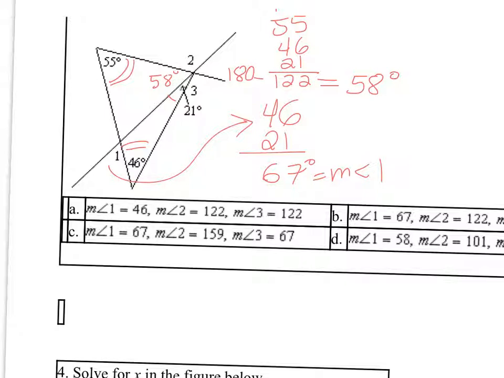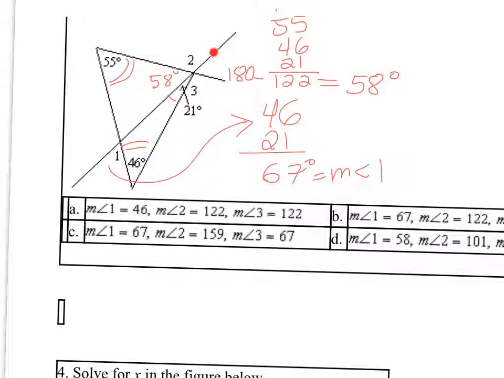Okay, so how is that going to help to find angle 2 or angle 3? By 58 minus 21. Okay, Jackie, let me go with one person. So many suggestions. What did you suggest, Jackie? 55 plus 58, minus 180 equals angle 3. See, 55, 58, and this angle is 180. But what do you want to add this to?